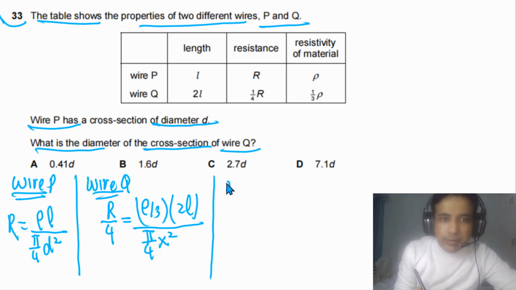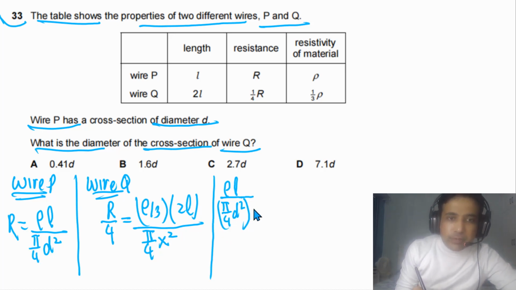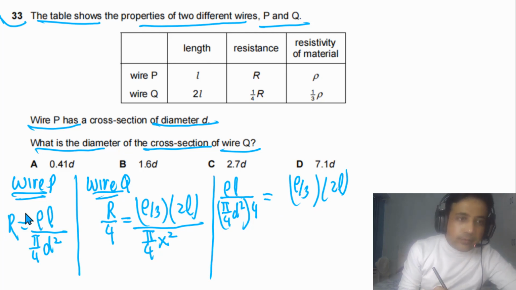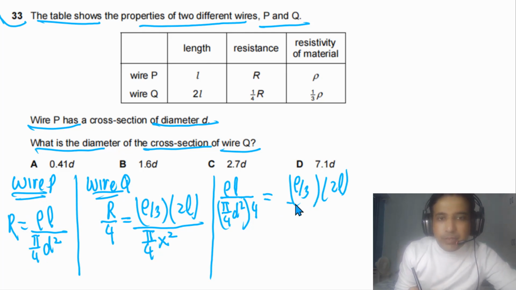So R is equal to rho L by pi by 4 d squared, times 1 by 4, means the 4 comes here, and this is equal to rho by 3 times 2L divided by pi by 4 times x squared.